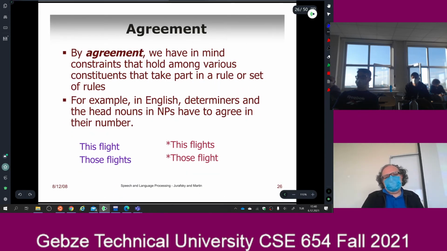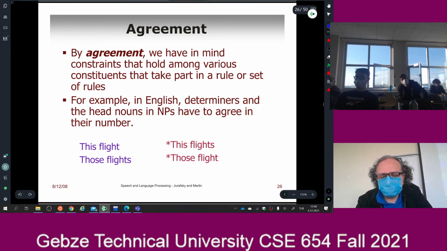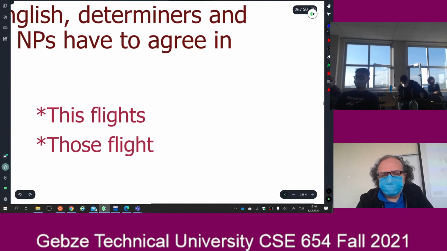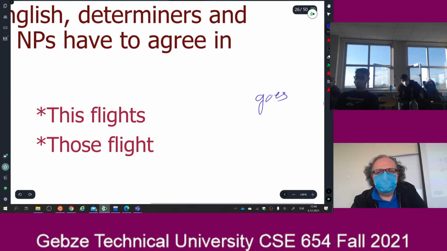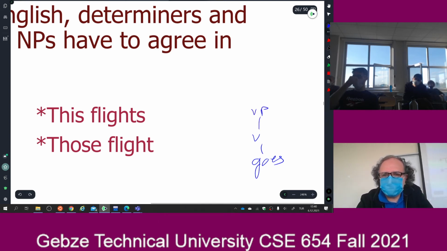And this part is kind of, I ignored it, but let's talk about it. I said that noun phrase and verb phrase, is a noun phrase, right? Then let's say this one is a verb phrase, verb, and goes is a verb which is a verb phrase, and I can connect it to a sentence.